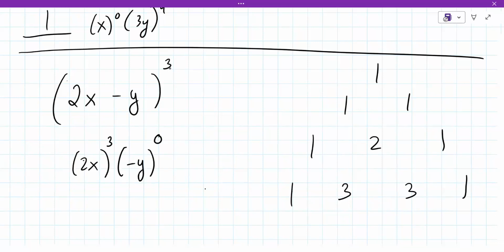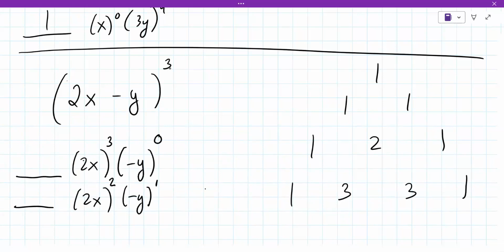So 0. The next one is 2x to what power? Do you go down and then the other one goes up? Right, you still have to add up to 3. Oh, I remember now. Yeah.